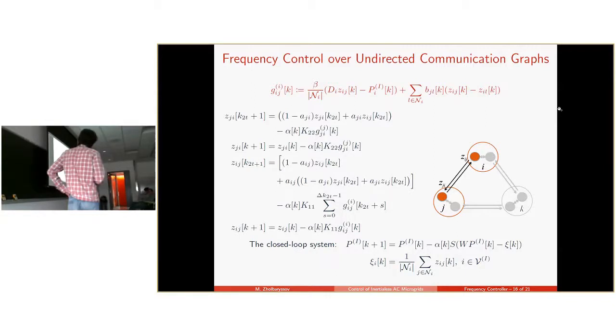And then this is the closed loop dynamics induced by these iterations. Mathematically, in this work we're assuming that the network is lossy, but the convergence analysis works only for the lossless case.